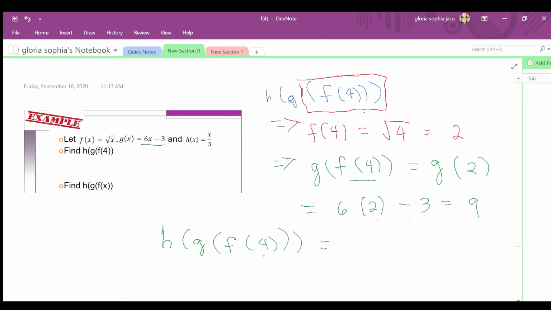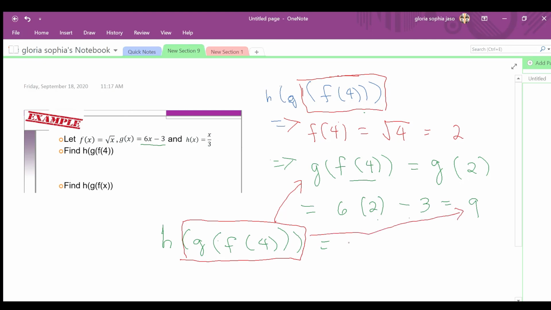Okay. Pero alam na natin class na, ito, ayan, is equal siya kay 9.